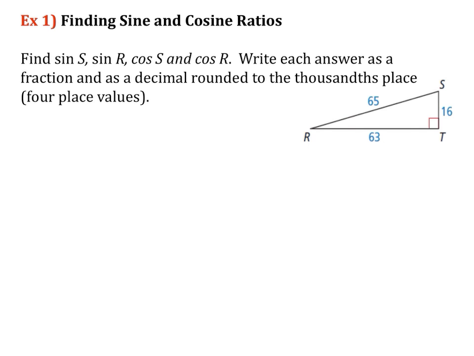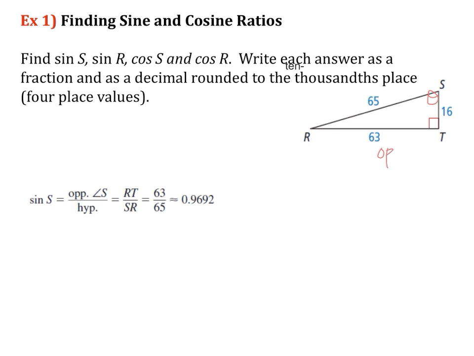All right, let's just practice finding the sine and cosine ratios of angle S and R. Write each answer as a fraction and as a decimal rounded to the 10,000th place, which is 4 place values. All right, let's start with sine of S. So here's angle S, and sine is opposite divided by hypotenuse.